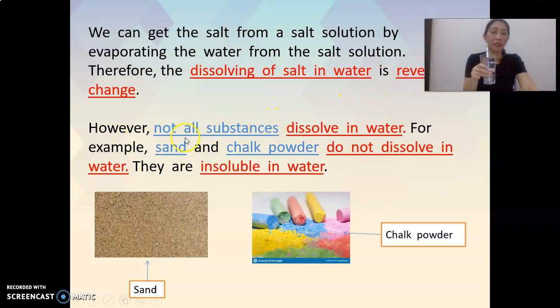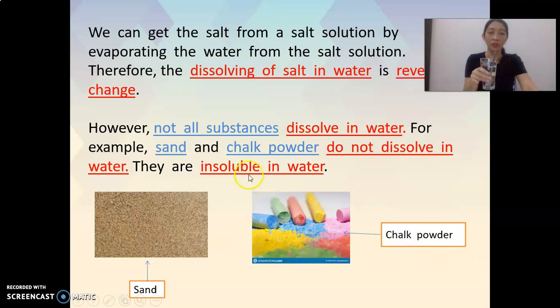However, not all substances dissolve in water. For example, sand. When sand is added into water and stir, this does not dissolve in water. And another example is chalk powder.